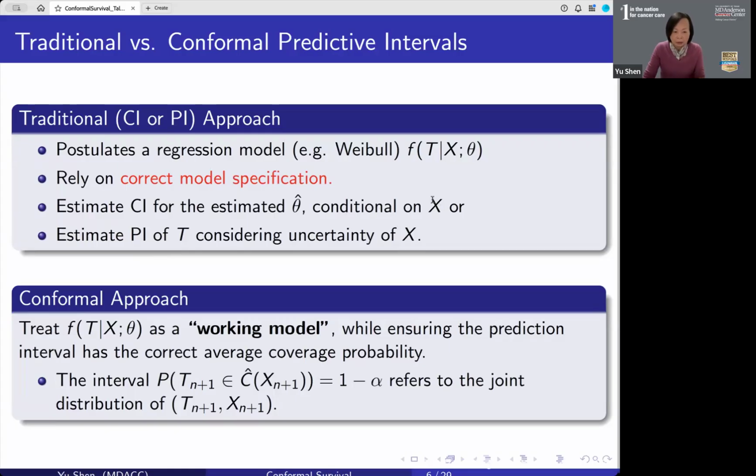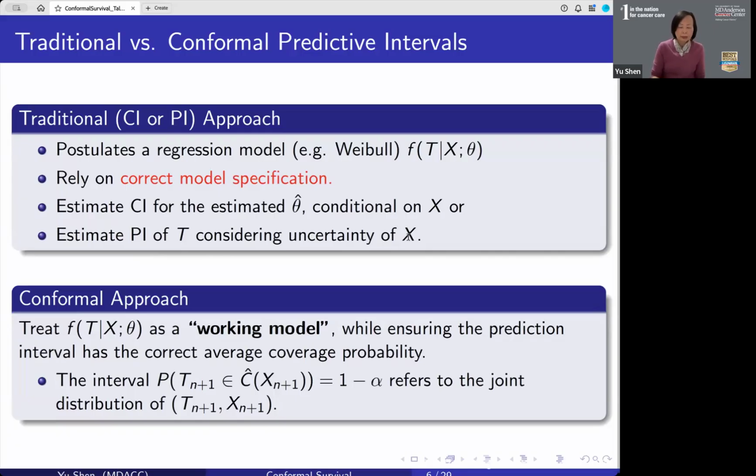Those are typically conditional on covariates X. So we do not consider the variability of X, we condition on X. Or one step further, in predictive interval in the conventional approach, we consider uncertainty of X, jointly model X and T, then construct the predictive interval of T. There is some work in this area almost 20 years ago by Lawless.